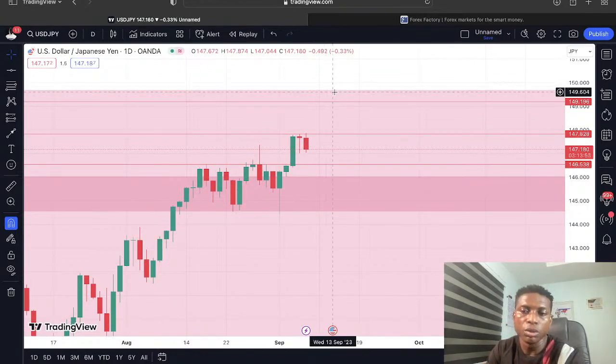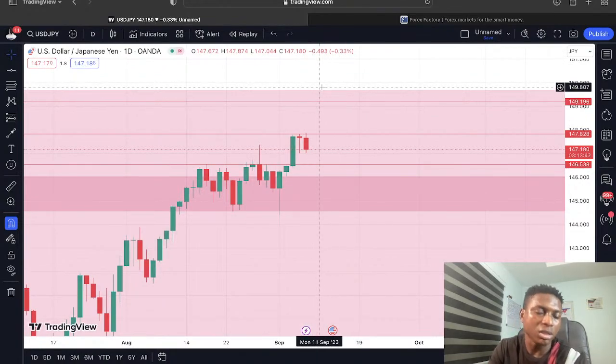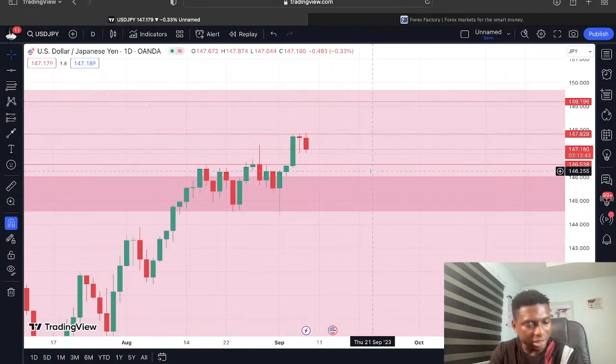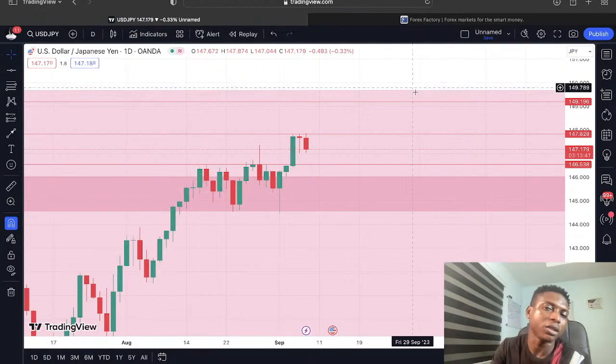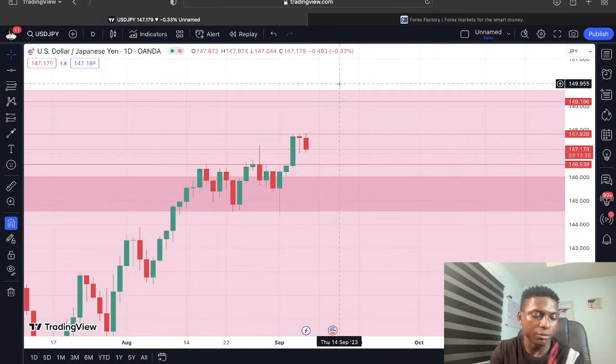So the USD JPY is eyeing this next resistance zone, until it gets here before it properly reverses and maybe comes back to break out of this level. But there are higher chances now that it will definitely reject when it comes to this level.